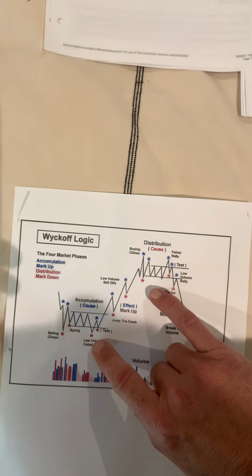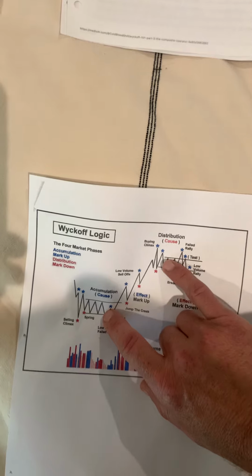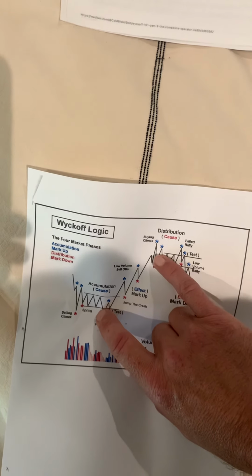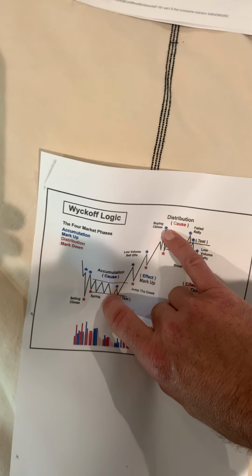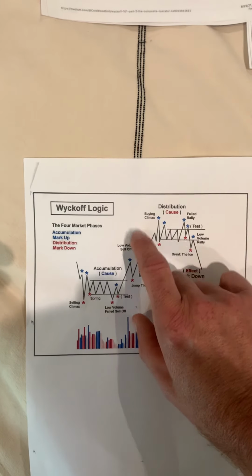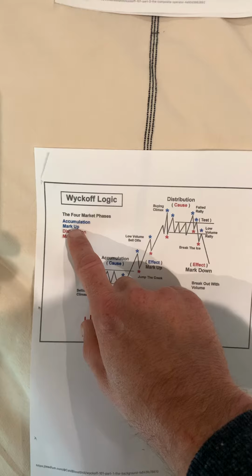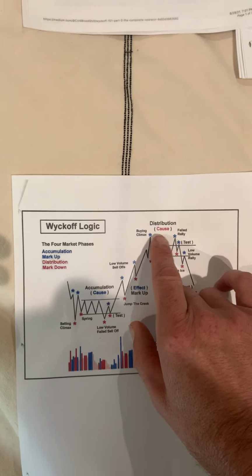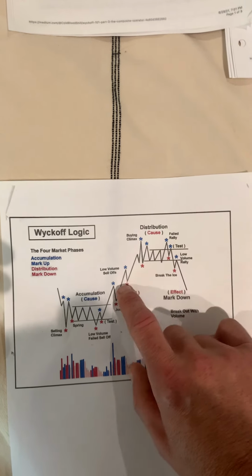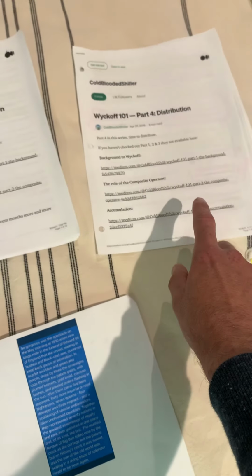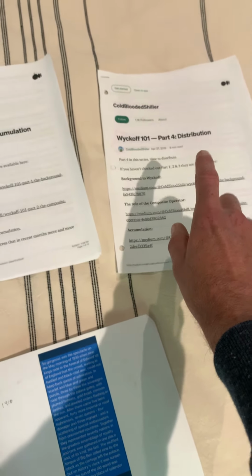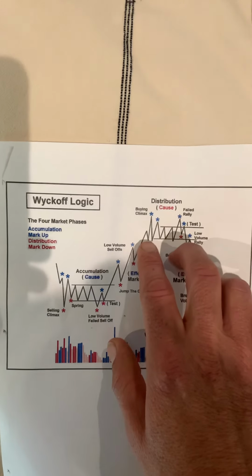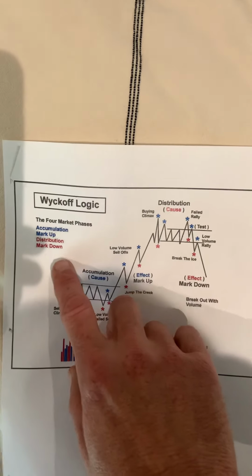Part 2 is going from here to here. This is a great time to buy, and actually the best time, and that's called the markup phase. Up top is the distribution phase. This is that phase up there, and this will go into detail about what's going on in this graph. 3, distribution.